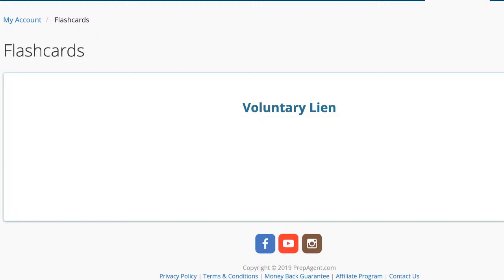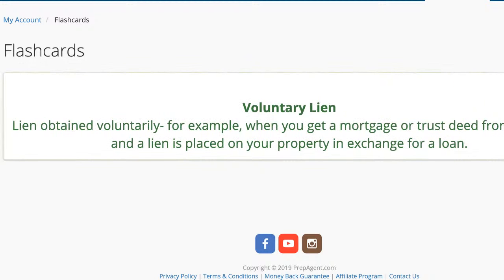The obvious example is when you get a loan from the bank in the form of a mortgage. Most liens are involuntary, things like tax liens, mechanics liens, judgment liens, things of that nature. But the obvious voluntary lien is a mortgage. Honestly, I don't know of another example of a voluntary lien other than a mortgage.